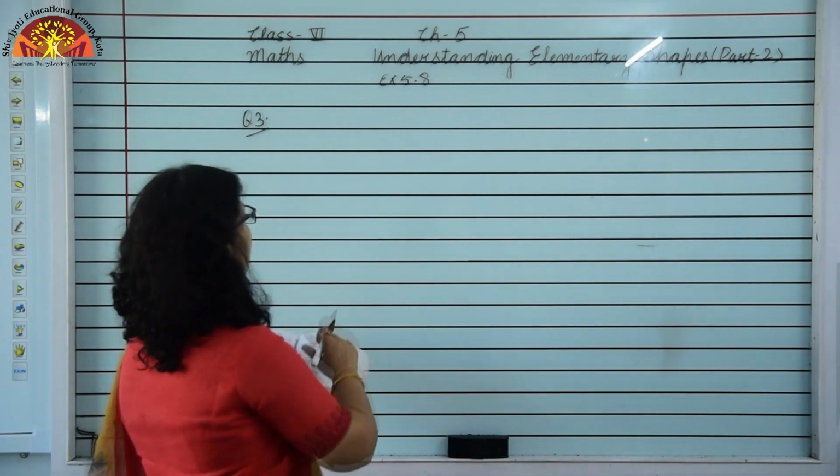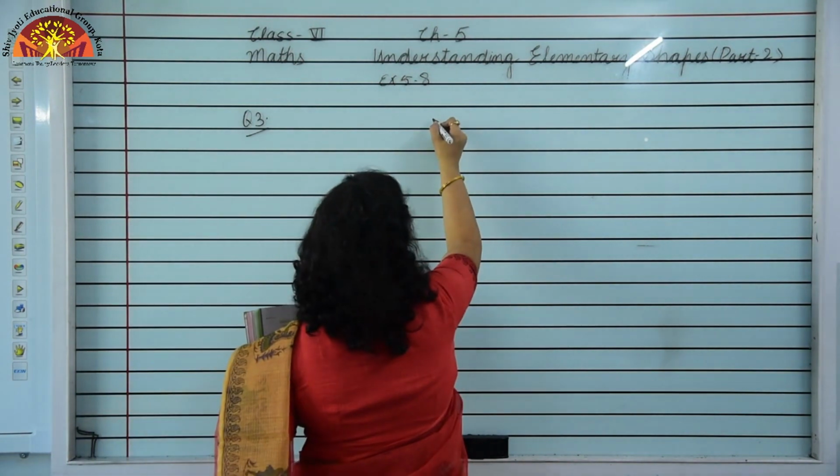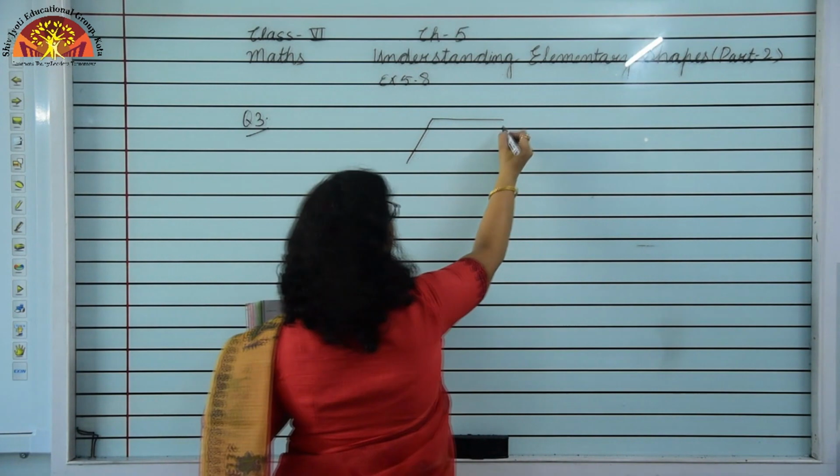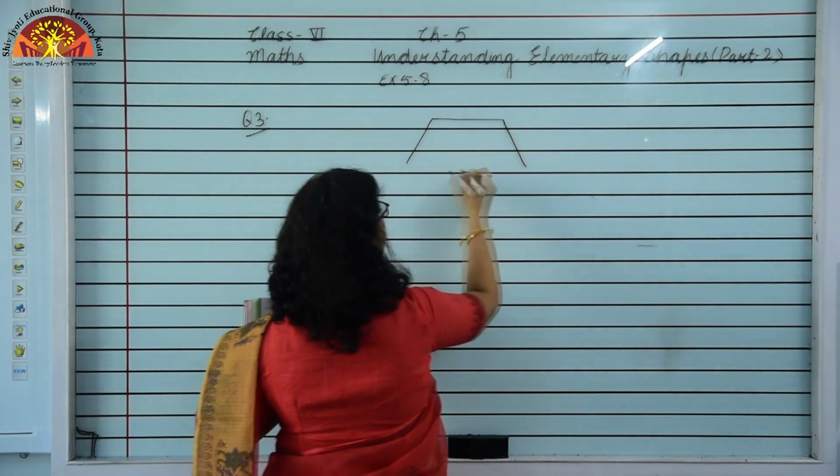Students, आपको एक रेगुलर हेक्सागन बनाना है, and regular hexagon means all sides are equal.